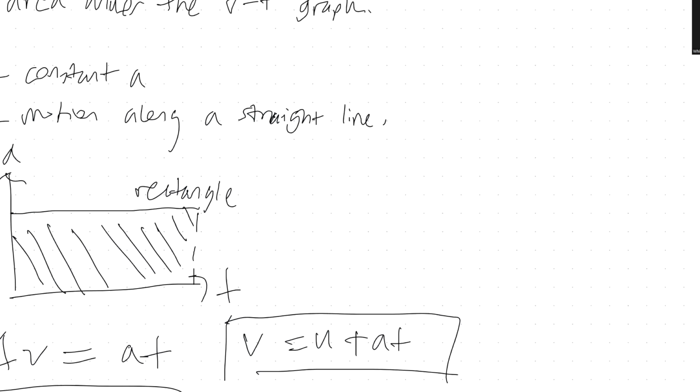And now with this in mind, we can actually plot the velocity time graph, right? Now we have the equation for velocity against time. We know the relation between velocity and time. So we can also plot out a velocity time graph, velocity against time. And how do we plot this? It's quite clear from this equation, right? That your velocity is linearly related to your time, with a gradient of a.